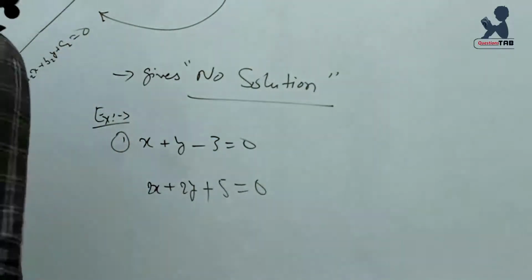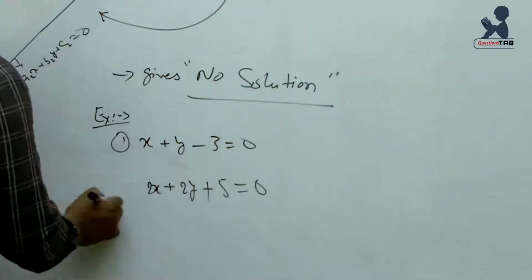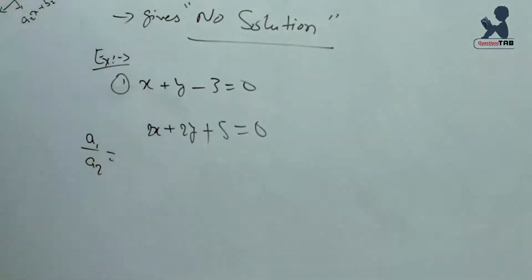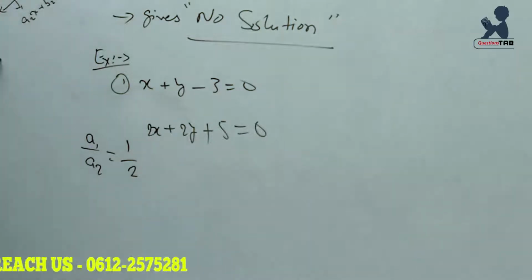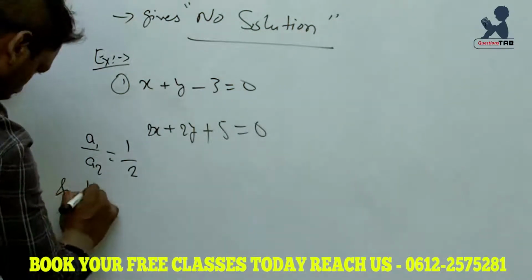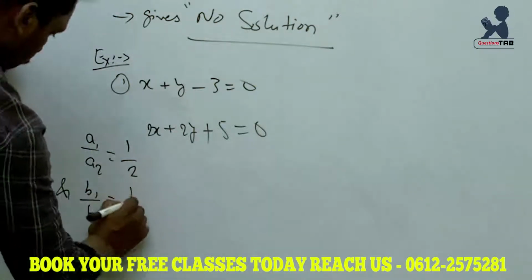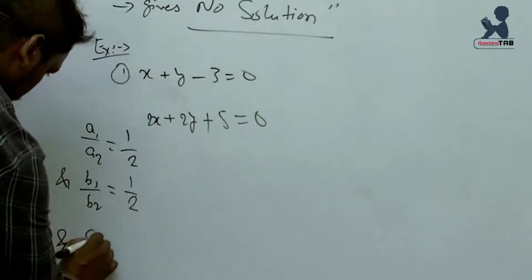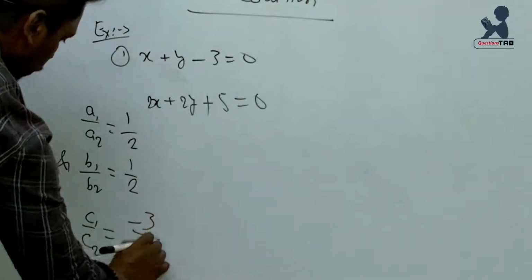Here a1 by a2 is nothing but 1 by 2, and b1 by b2 is nothing but 1 by 2, and c1 by c2 is minus 3 by 5.